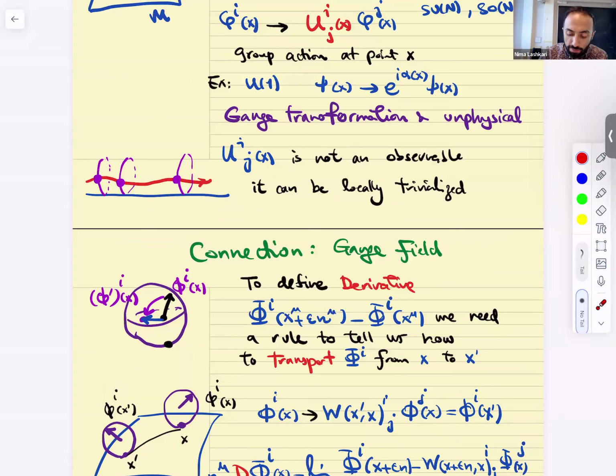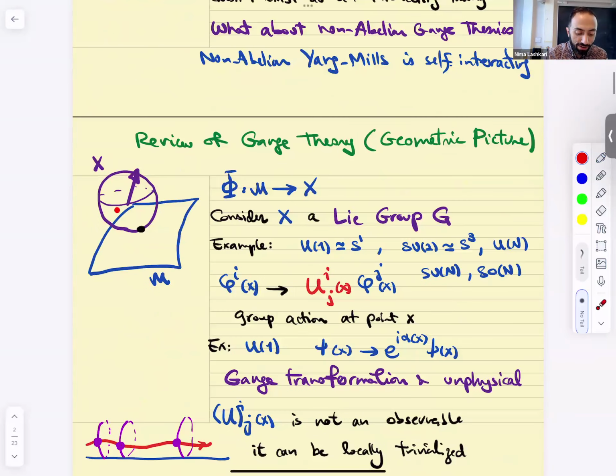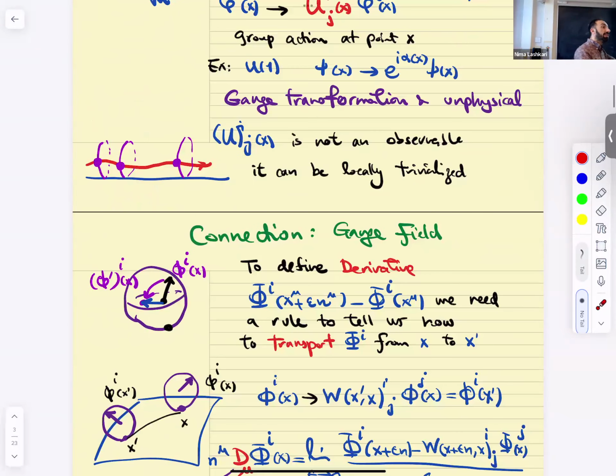So this U is a matrix, because it involves rotation of this guy. It's a linear transformation in a vector space. Think of SU2: phi_i is a complex two-vector, and an element of the group is a 2 by 2 unitary matrix.